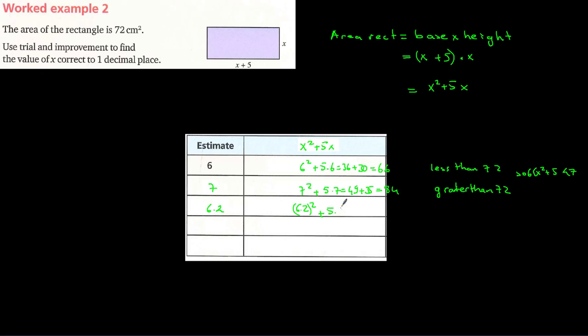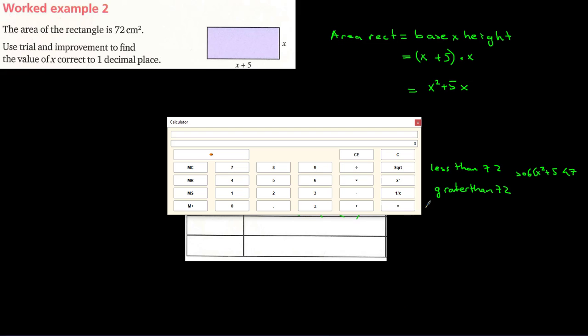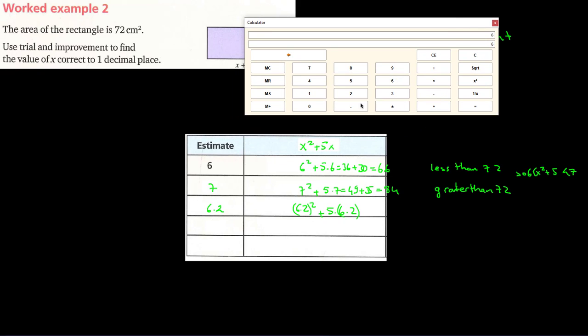6.2 squared plus 5 times 6.2. I'm going to use the calculator for this one, which is equal to 69.44, and this is less than 72, still less than 72.